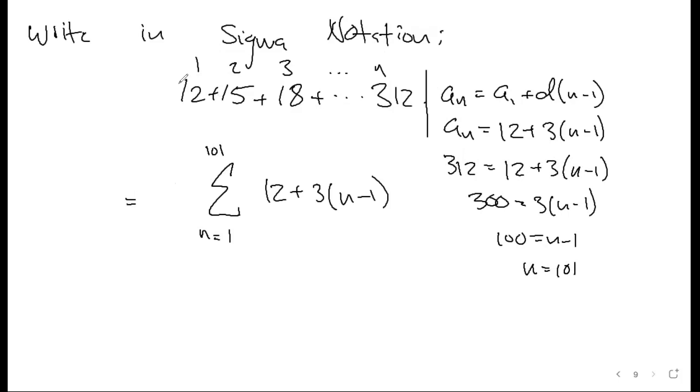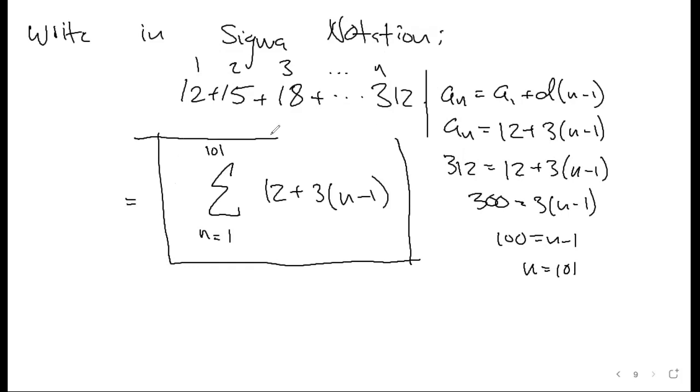This sum, you can rewrite it like this. All right, is that clear? Now I want you to do this one. 5 plus 12 plus 19 plus all the way up to 355. Hope that's right.